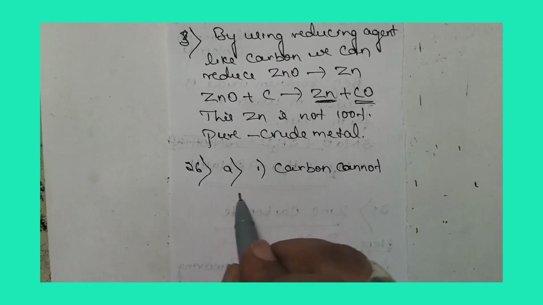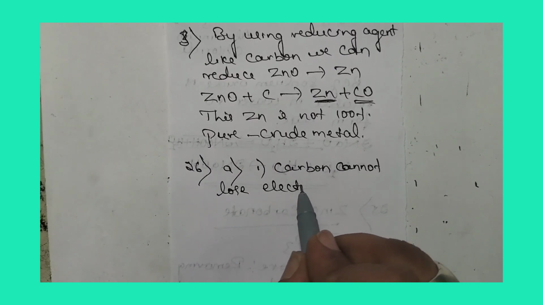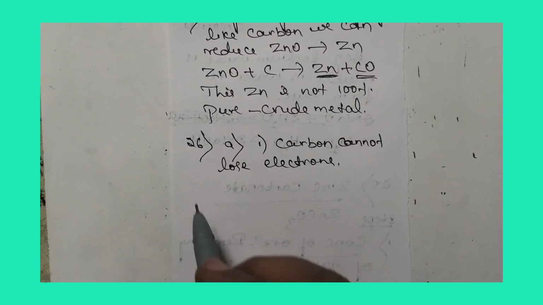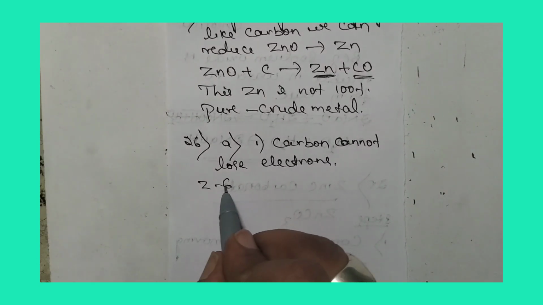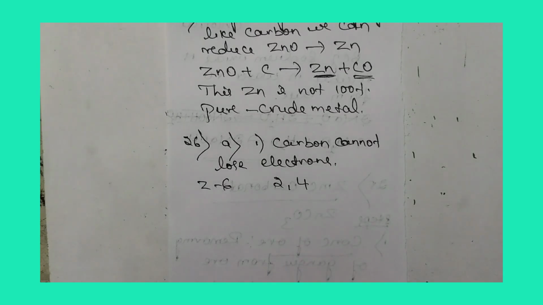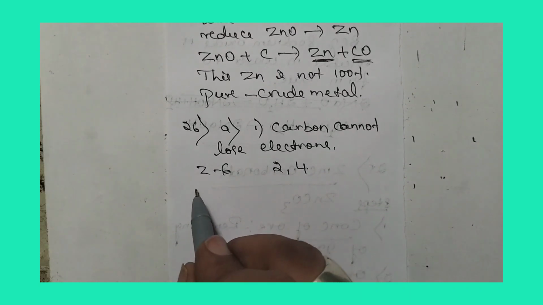Carbon cannot lose electrons. Why carbon cannot lose electrons: the atomic number of carbon is 6, so the electronic configuration is 2, 4. So there are 4 valence electrons.